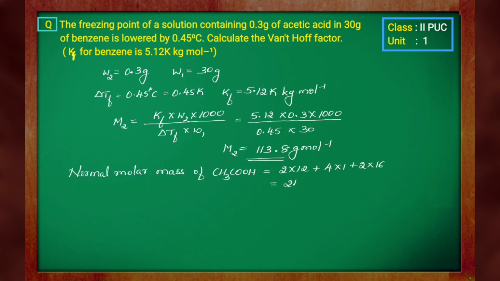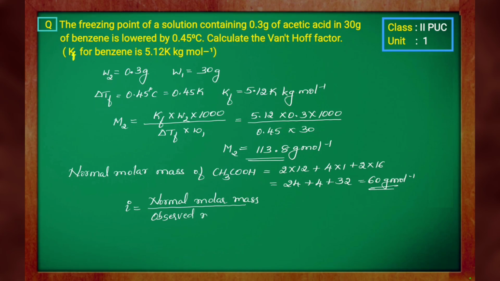So we have 24 plus 4 plus 16 into 2, that's 32, which is equal to 60 grams per mole. So we observe there is a change in the molar mass of acetic acid in the experimental value. So we need to calculate the Van 't Hoff factor, which is i, the ratio of normal molar mass to the observed molar mass, which is calculated from the experimental value.